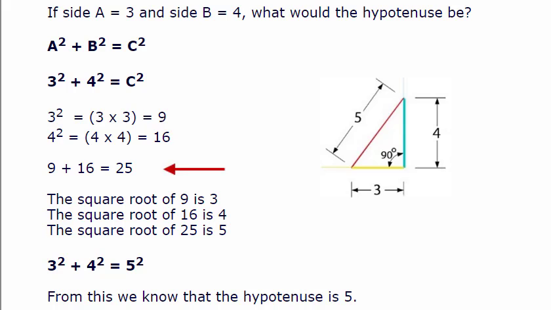So 9 plus 16 equals 25. The square root of 9 is 3, the square root of 16 is 4, the square root of 25 is 5. So our answer is 3 squared plus 4 squared equals 5 squared. From this we know that the hypotenuse is 5.